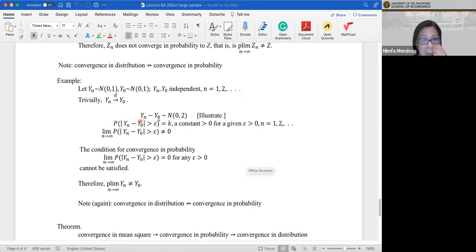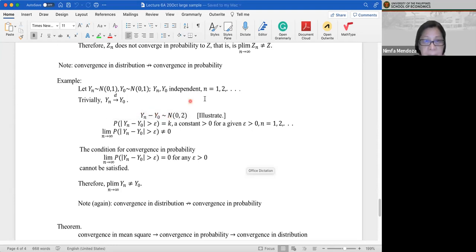Now let us look at y sub n minus y sub 0. Both are standard normal random variables, so the linear combination of normally distributed random variables would also be normal. But what is the mean?